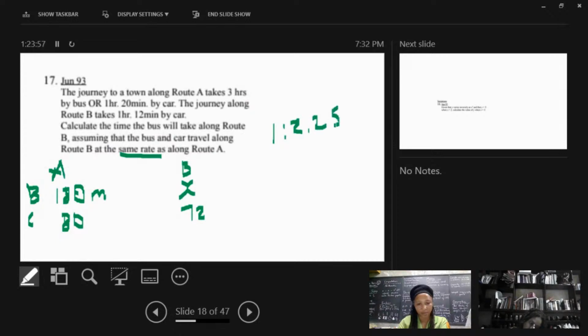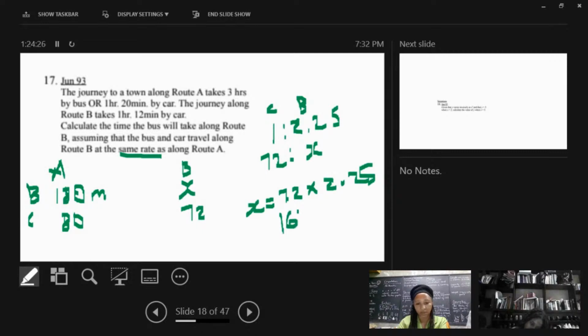And that's car to bus, right? Okay, so 1 to 2.25 would be 72 to 162. All right, so change that to hours and minutes.